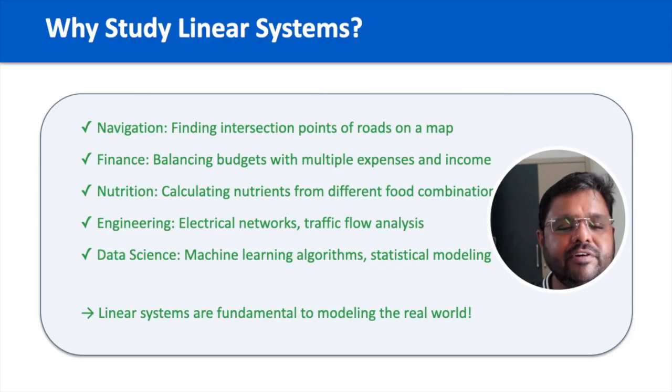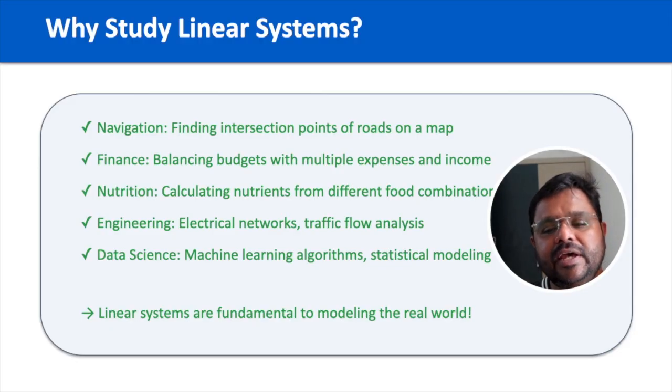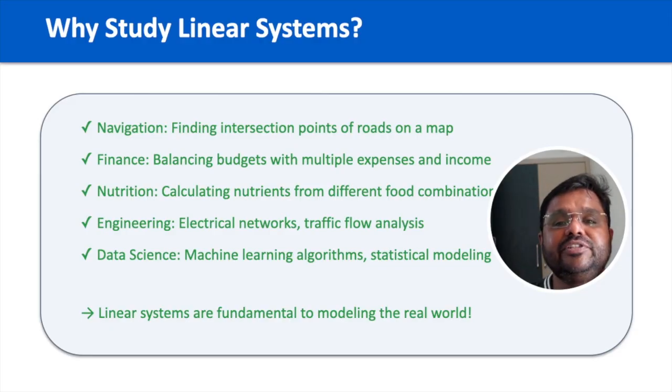And in the modern world, in data science, machine learning, algorithms and statistical modeling, again linear systems are used. So linear systems are used everywhere. That is why we study linear systems in detail.